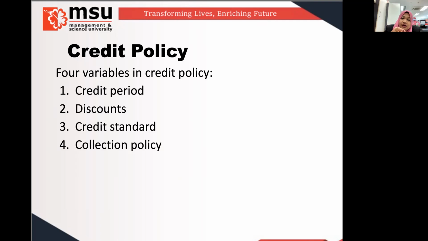Or legal action: usually we will bring the case to court. So that is the collection policy. But usually we will first ask them to pay. Hello boss, when do you want to pay our money? Something like that, because it's overdue almost 6 months, for example.